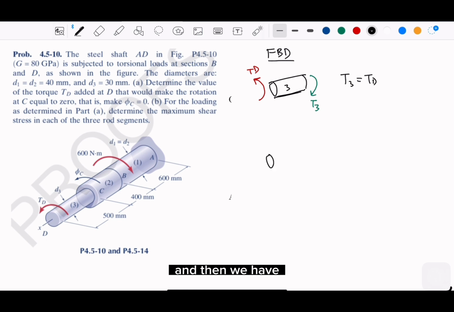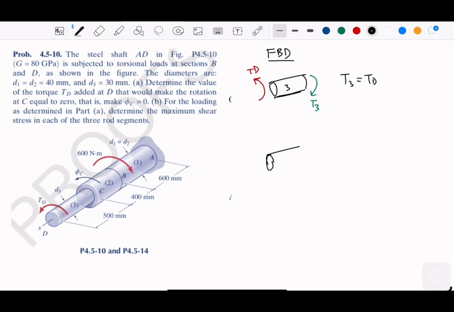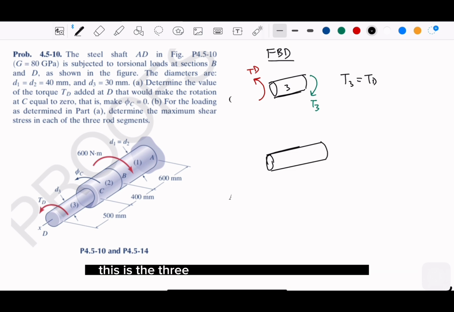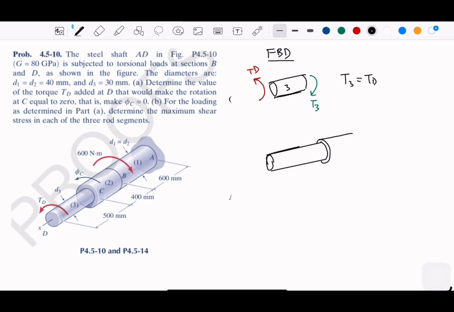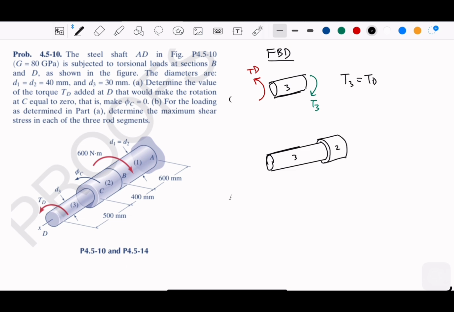And then, maybe too small, let me make it bigger. This is T3, and then this is number 2. Let's just make it a little bit small. Okay, so this is 3, this is 2. So we have TD going there.